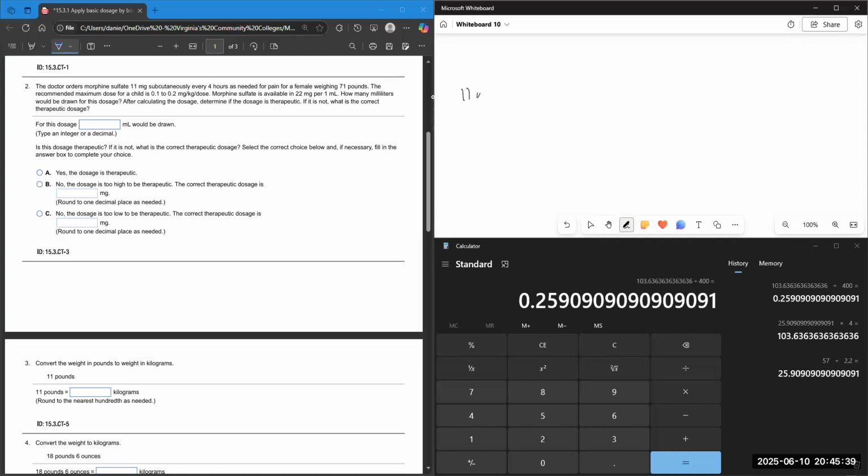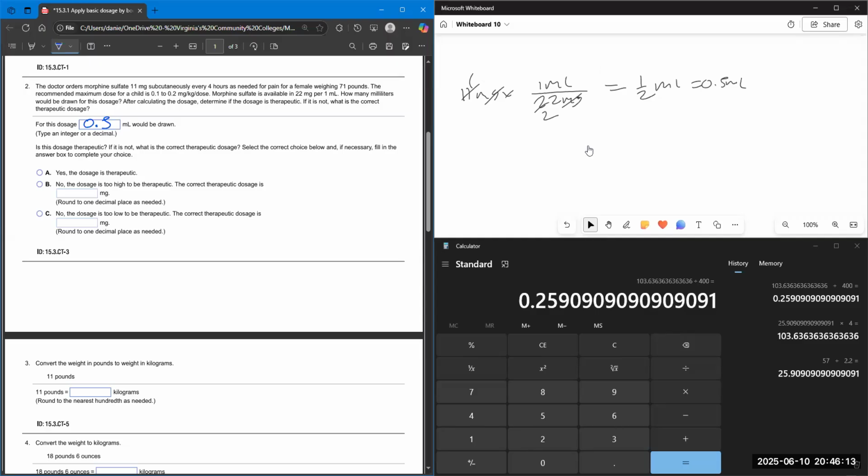So 11 milligrams times, and then 1 milliliter is 22 milligrams, and 11 goes into 22 two times. Half a milliliter is 0.5 milliliters. Assuming that this is safe, which we should not do, you'll see why in just a second, but assuming the doctor prescribed something safe for a pediatric patient, then we would give them half of a milliliter.